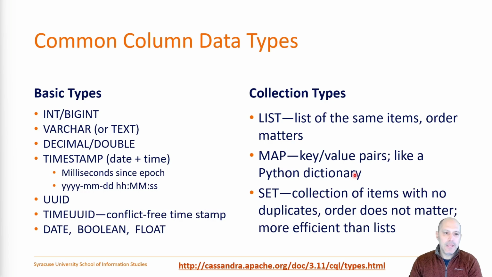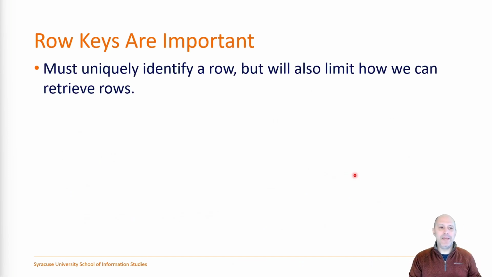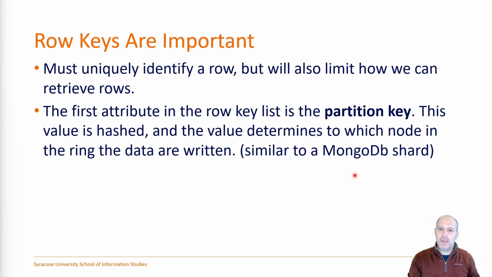Okay. The number one thing you want to know about Cassandra is row keys matter, and your choice of row key will limit how you can retrieve the data back out. The first attribute in the row key is the partition key. The partition key is any value, but it gets hashed, and then that hash determines which node in the ring, which node in your table space ring the data will get written to.